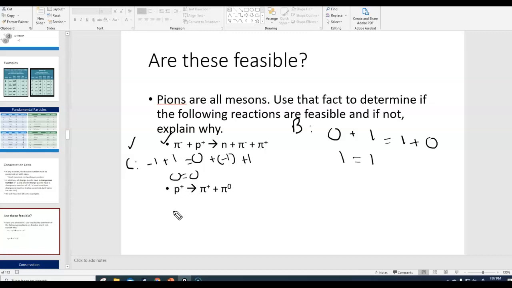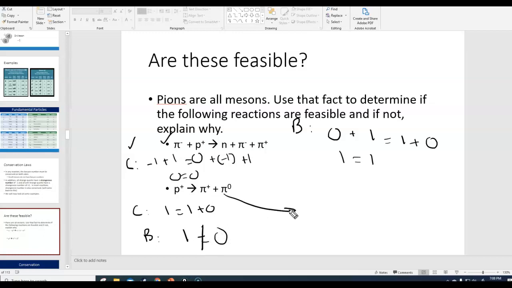The second one, on the other hand, if we check charge, the charge is conserved, but when we go to check the baryon number, remember the proton is a baryon, so it has a baryon number of 1. But pions are both mesons, and so they have a baryon number of 0.